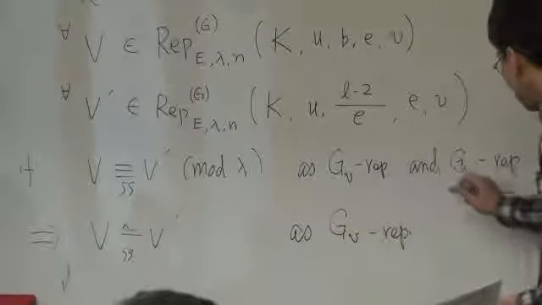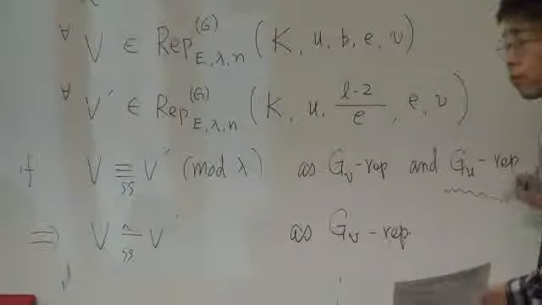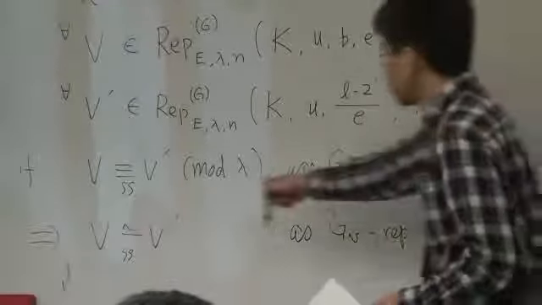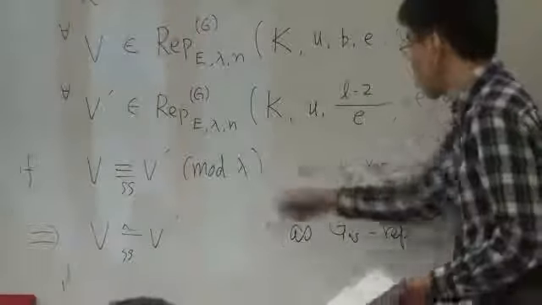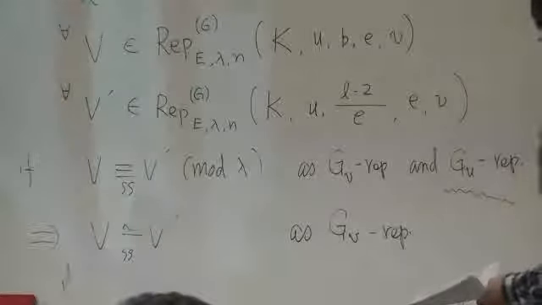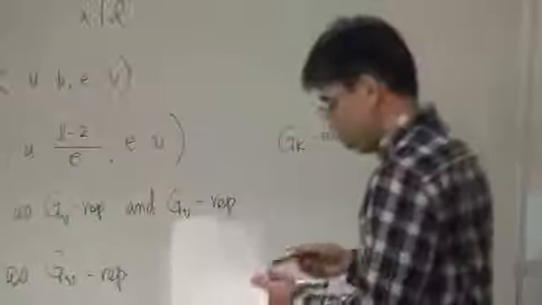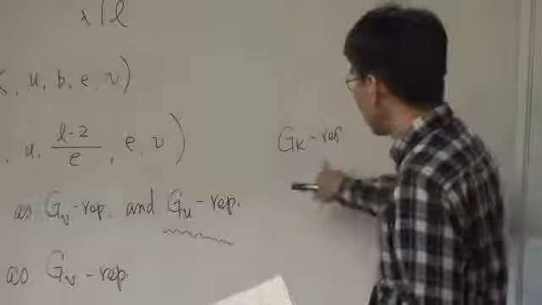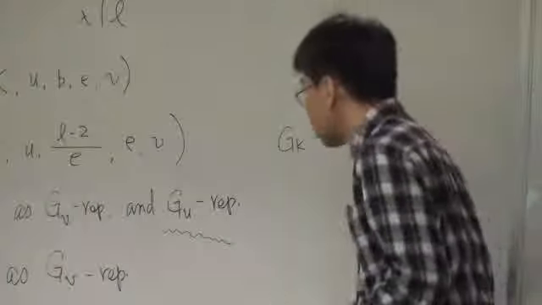So I impose this further condition here. In particular, if these are congruent modulo lambda as G_K, I mean global representations, then this implies both too. So in applications, we can usually assume this condition.